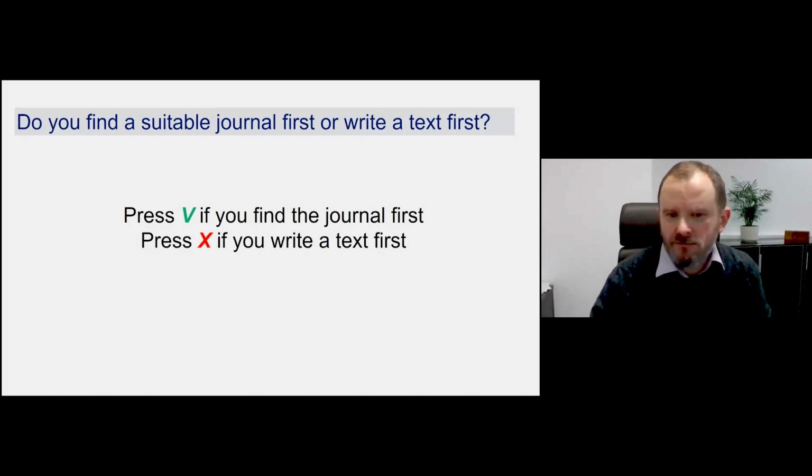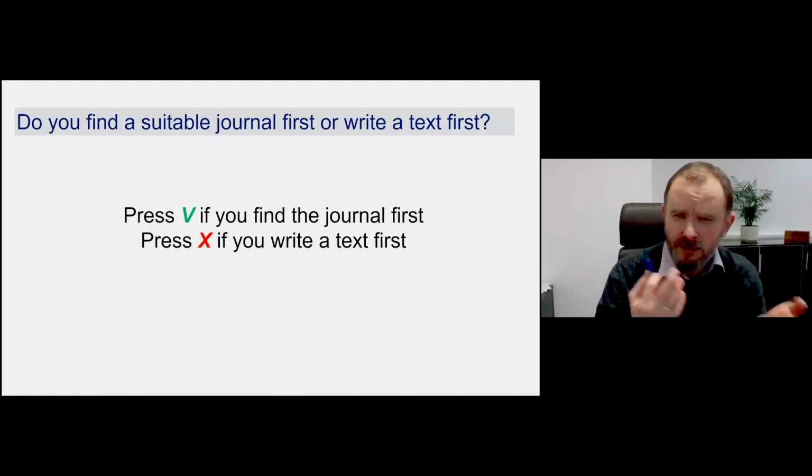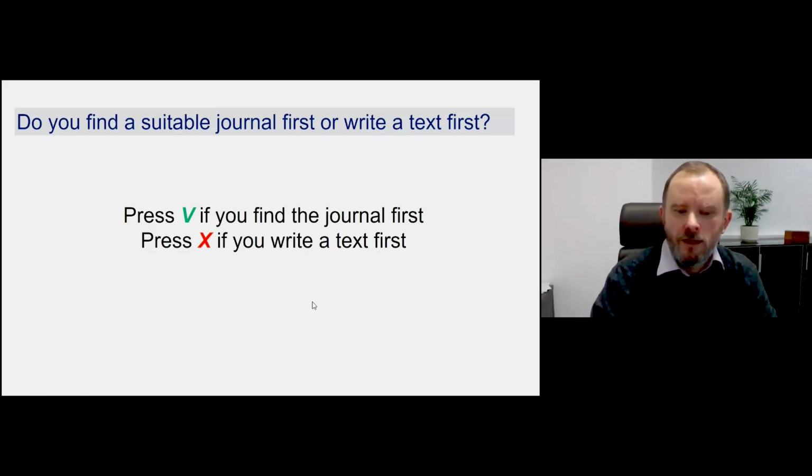In mathematics, this is very rarely happening. Almost all journals have standard usual requirements and there's no need to write a paper specifically for a journal. It is much more important to prepare a text, and only when the text is ready, you think about it and decide which journal is suitable for your purposes. Okay, but again, this is my personal opinion. Okay, let us go to the next slide.